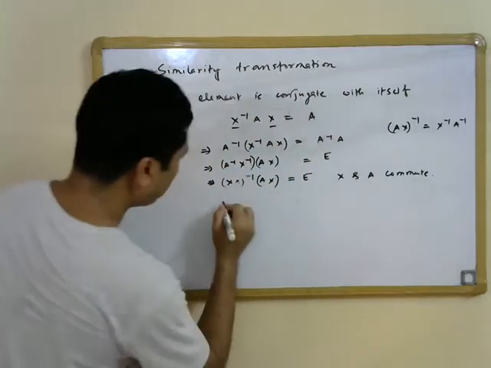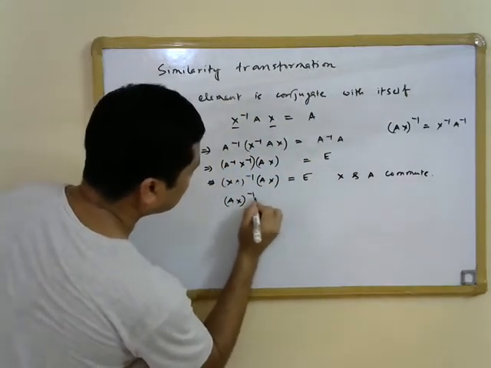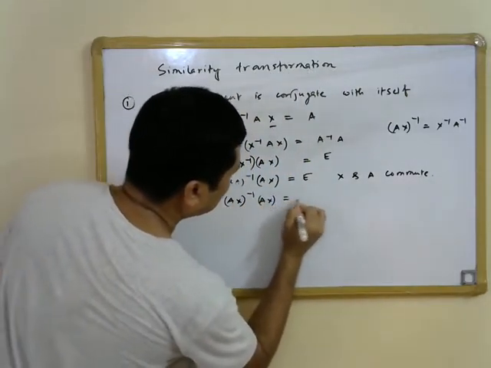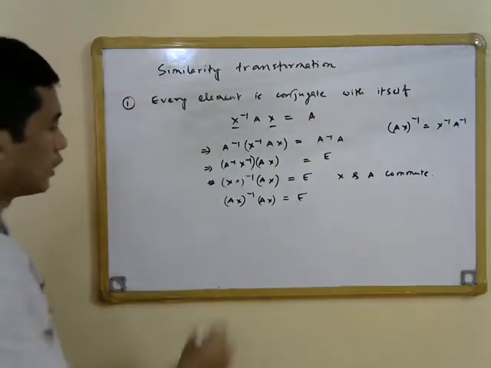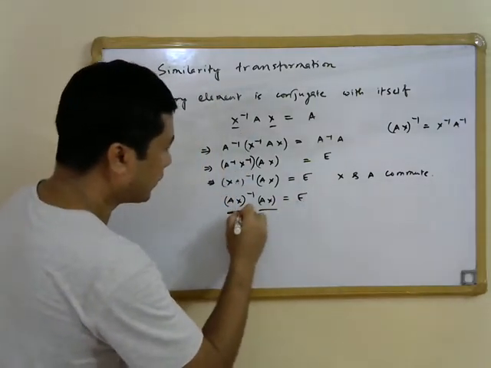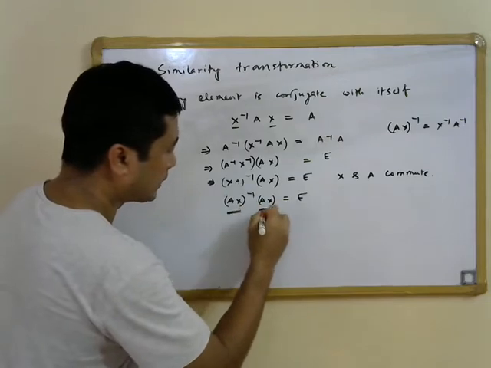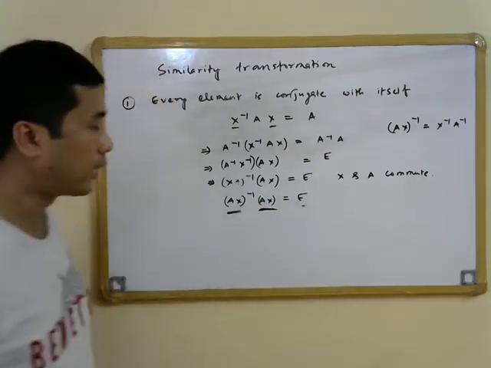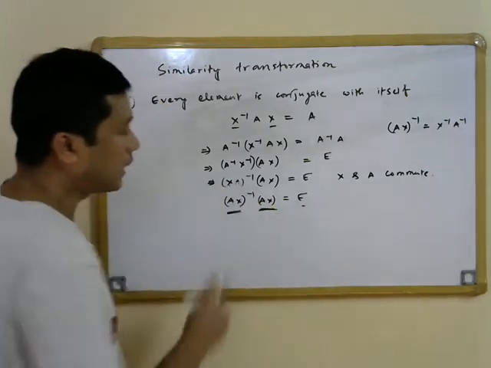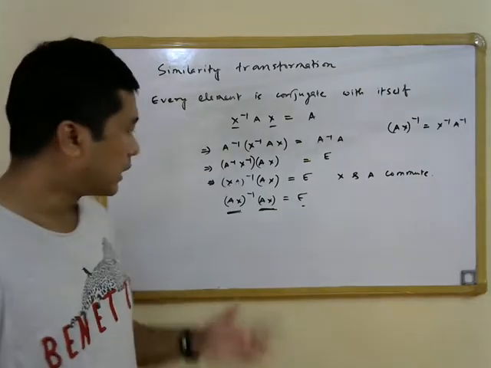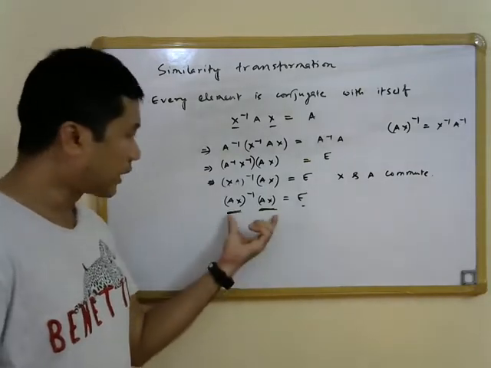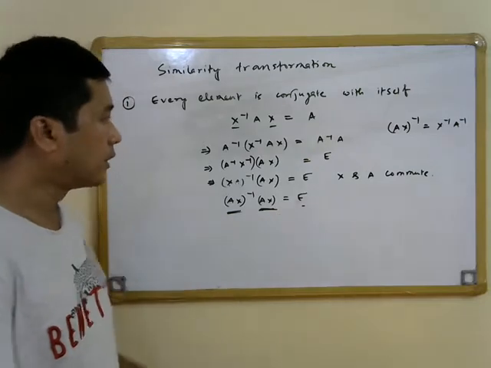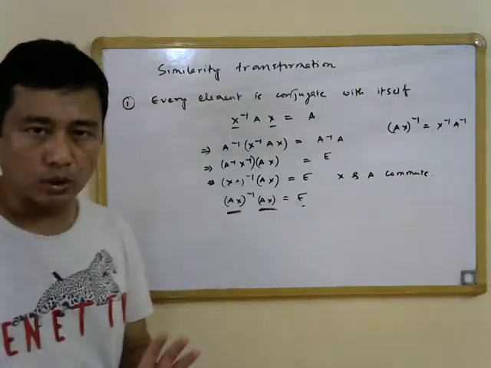That is, if we are able to write it as (AX) inverse AX, then it is going to be identity, because this is the inverse of AX. So if X and A do not commute with each other, then this is not going to be correct, and therefore this expression over here will not hold true.